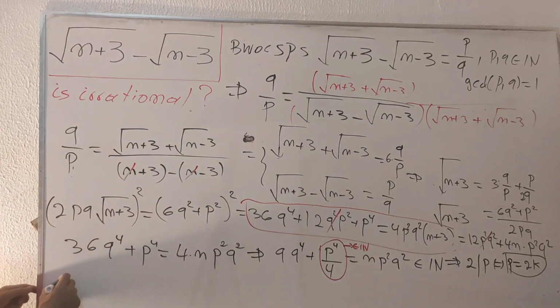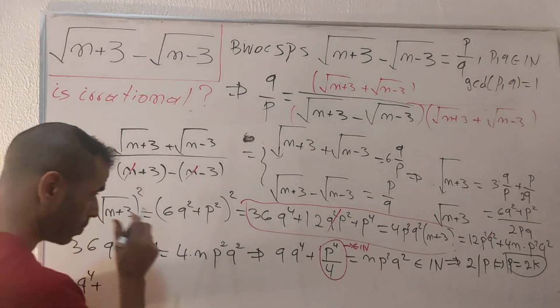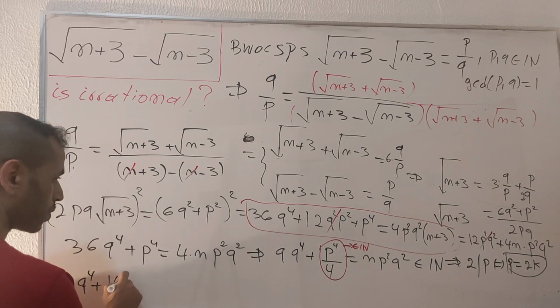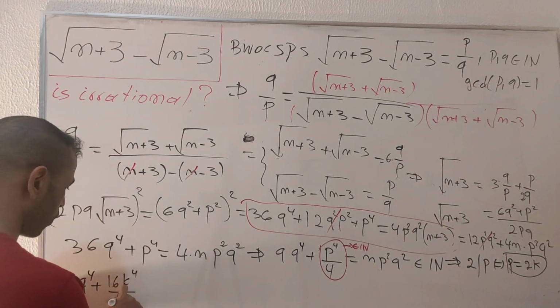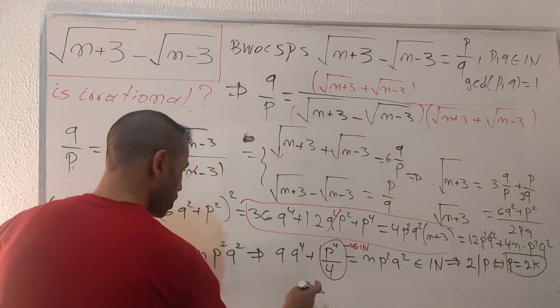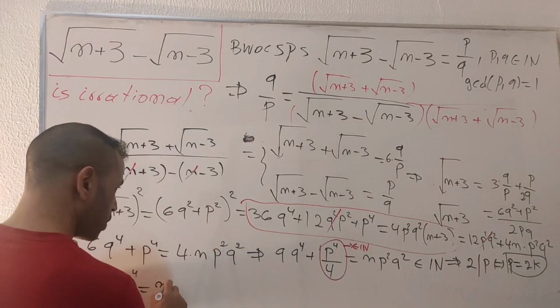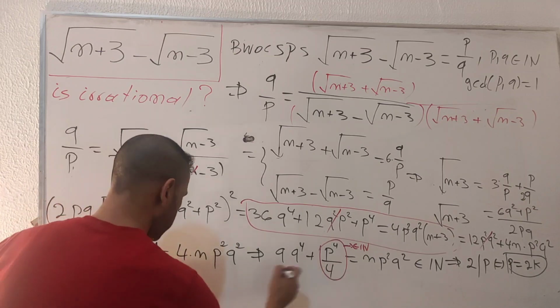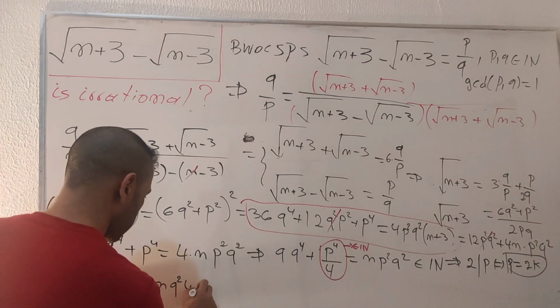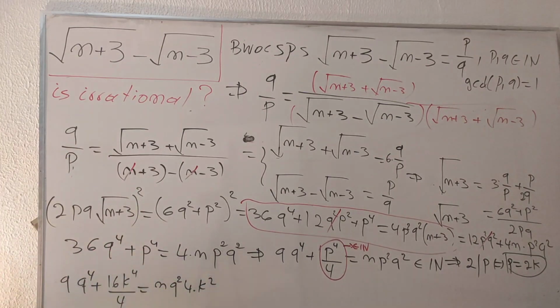So I get 9 q to the fourth plus p will be replaced with 2q, which is 16 q to the fourth over number 4, which equals n q square. P square will be replaced with number 4q square, because I have replaced p with number 2k.